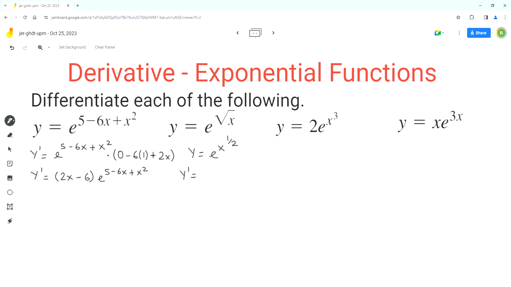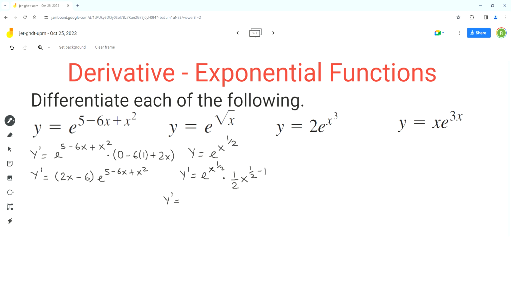So we'll start with the e term as it is given times the derivative of the exponent. Now here the exponent is x exponent half, so we'll have to use the power rule to find the derivative of this exponent. So as per the power rule, we'll move the exponent half to the front and then we'll subtract 1 from it. So half minus 1. Now we can simplify this expression.